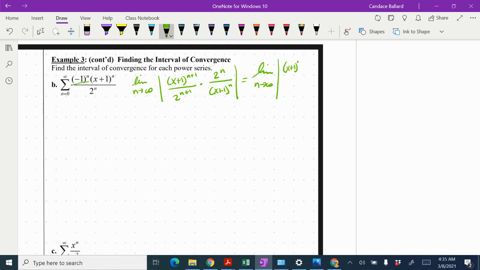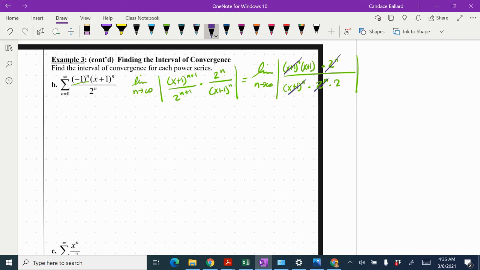So it looks like I get x plus 1 to the n times x plus 1, and then times 2 to the n. I'm going to move the x plus 1 to the n up front, and then I've got 2 to the n times 2. And then we're going to go ahead and do some canceling. Anything to the n power is going to cancel.